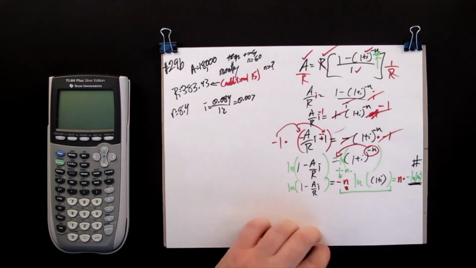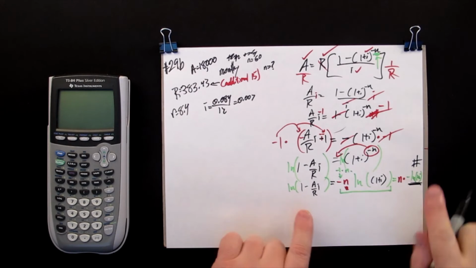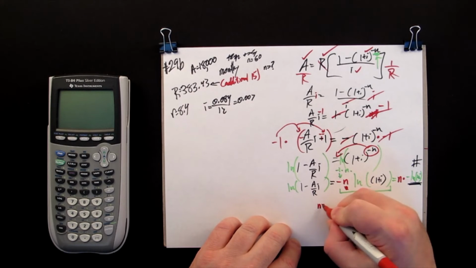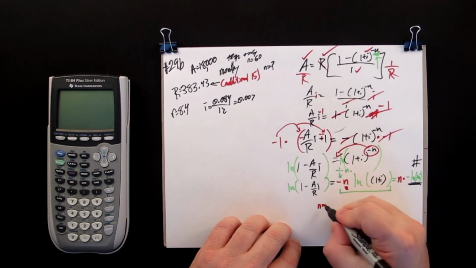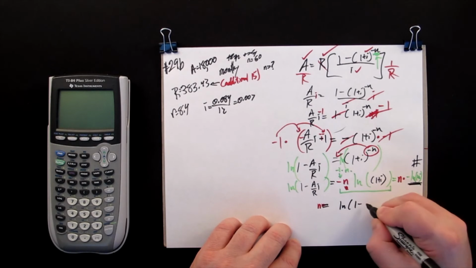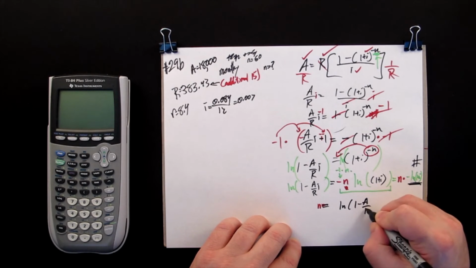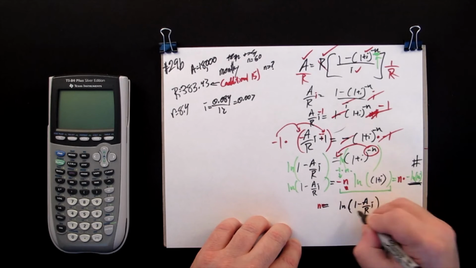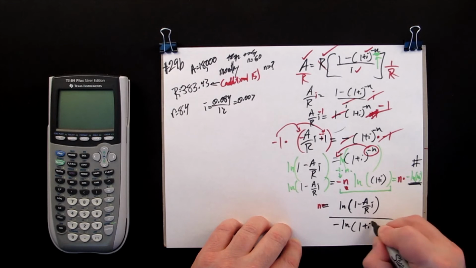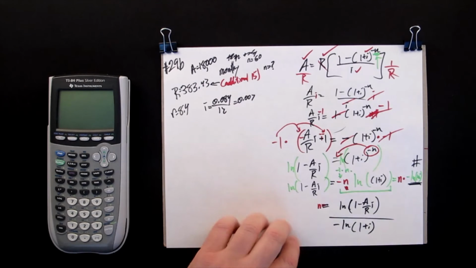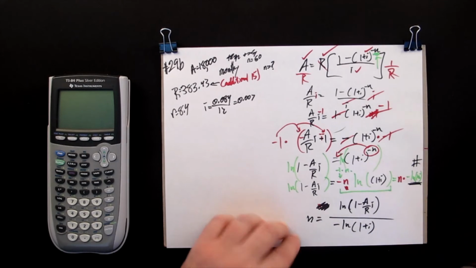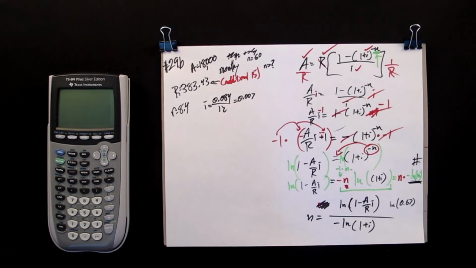So you just divide through by it and you'll get n by itself, right? So n equals the natural log of 1 minus principal divided by R times I, divided by minus the logarithm of 1 plus the interest rate. Now at this stage, all of these are known numbers, so just plug it in and compute it.